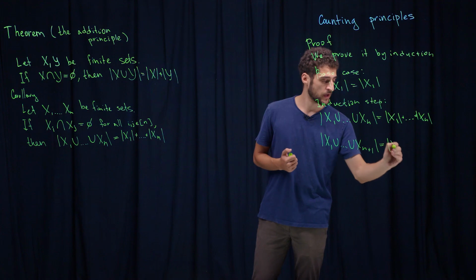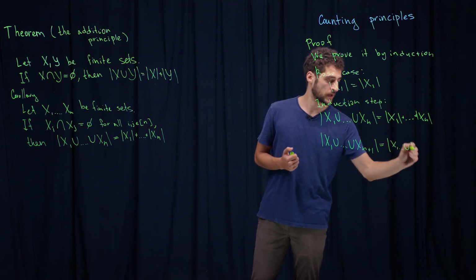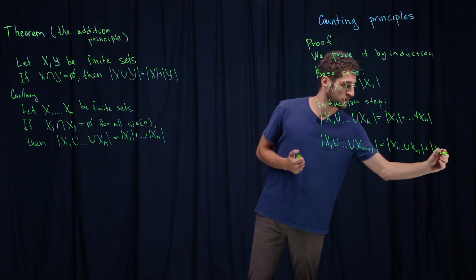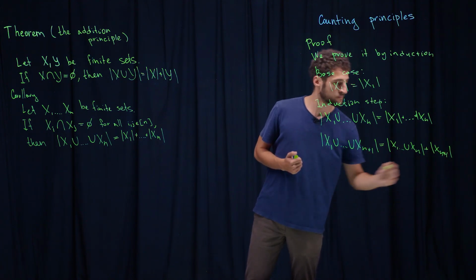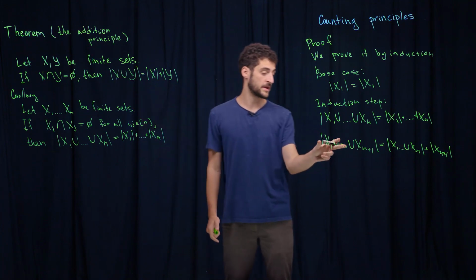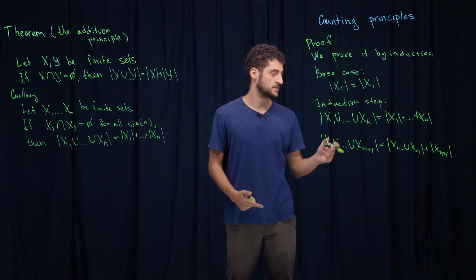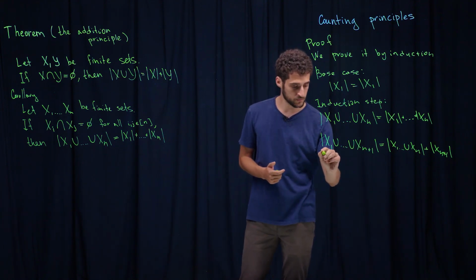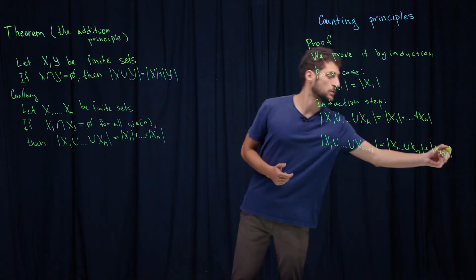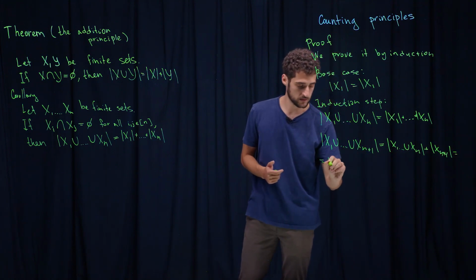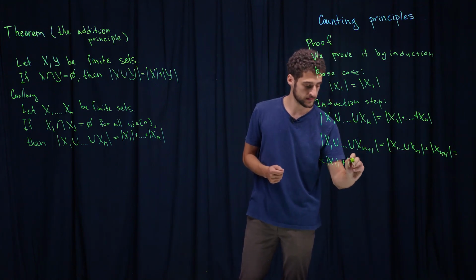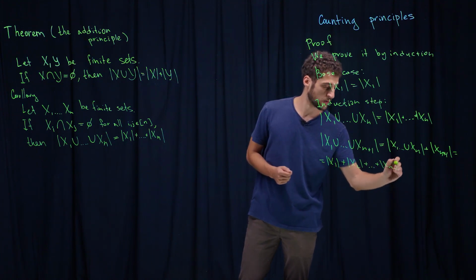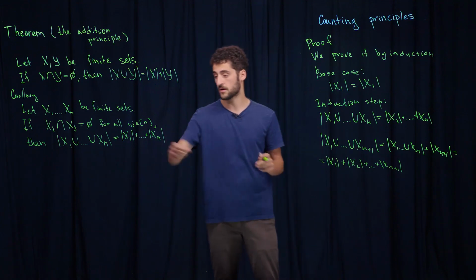It's the same as the size of (X1 union dot dot dot union Xn) plus the size of Xn+1 by the theorem, because X1 through Xn is not intersecting with Xn+1. And this one is equal to this. So this is equal to the size of X1 plus the size of X2 plus dot dot dot plus the size of Xn+1, which finishes the proof of the corollary.